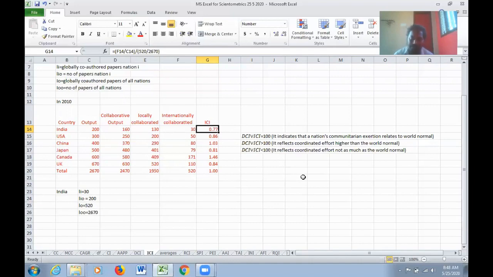On an average, if the world has got X as their collaborative coordinated efforts, our performance is more than the average if ICI is more than 100. If ICI or DCI is less than 100, it means that our collaborative efforts are not equal to the world average collaborative efforts. Fine, that's what DCI and ICI all means.